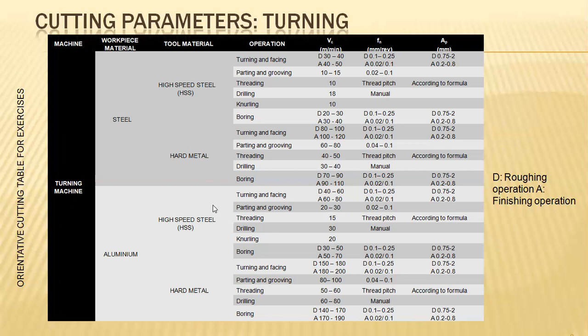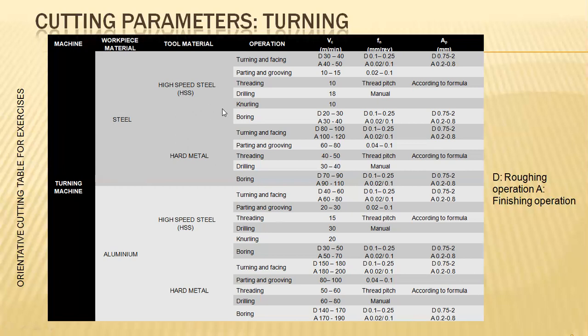See, in the case of this turning machine for steel, so steel composition materials, nothing but iron composition materials, and that also high grade and high strength materials, that is high speed steel, and next one is hard metals.